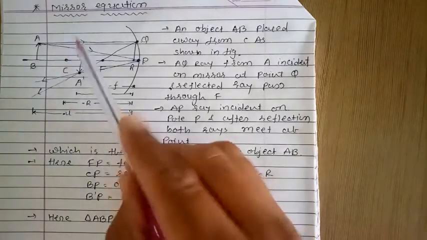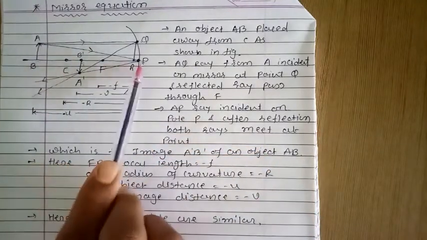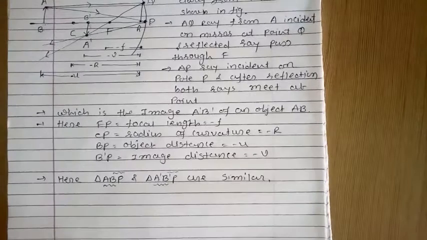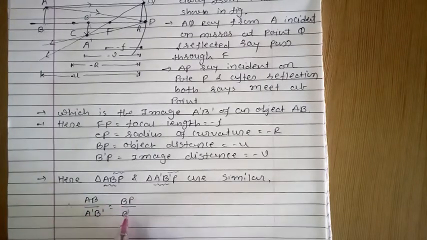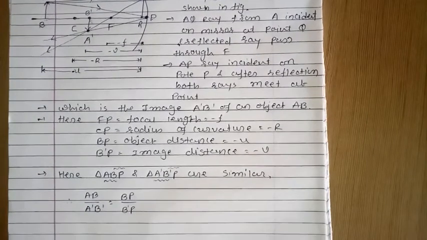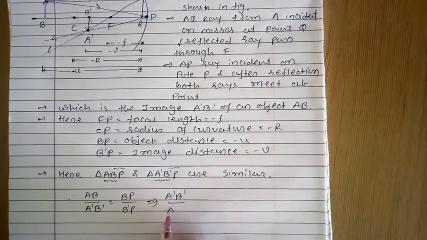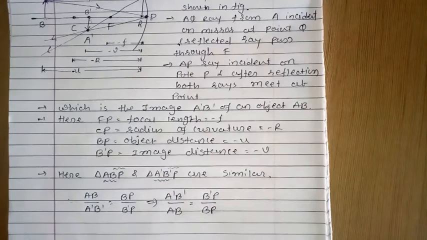I repeat, AB upon A dash B dash is equal to BP upon B dash P. You can see that AB upon A dash B dash is equal to BP upon B dash P. We can also write that A dash B dash upon AB is equal to B dash P upon BP. We can also write it like this.